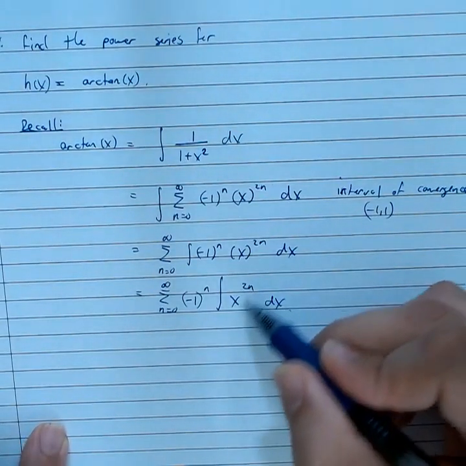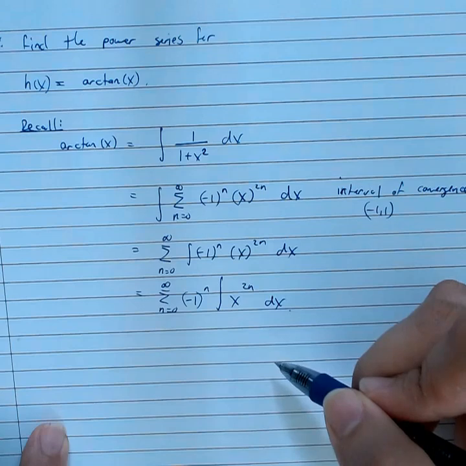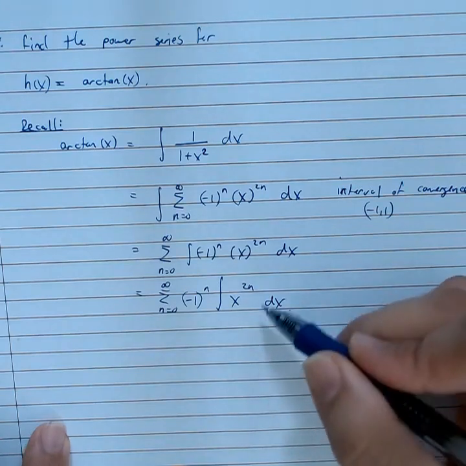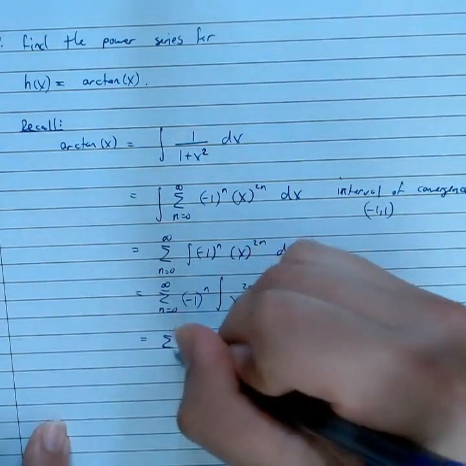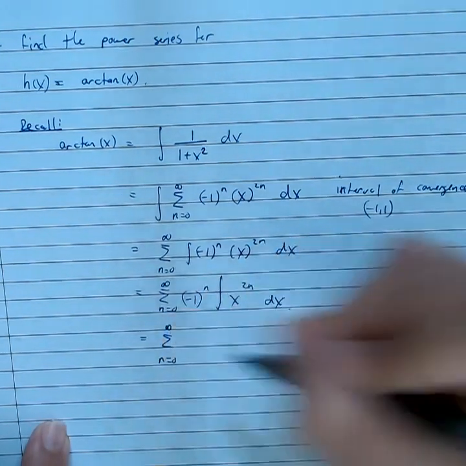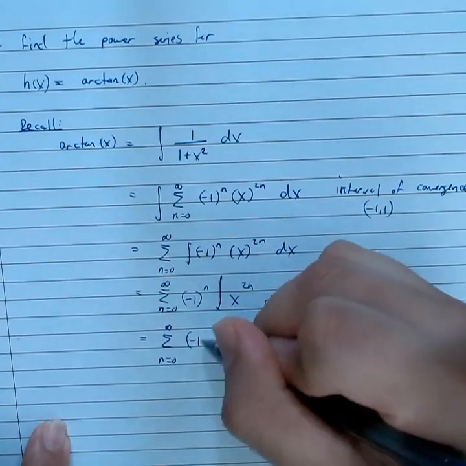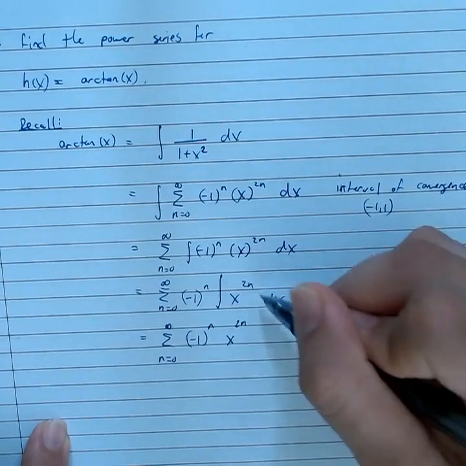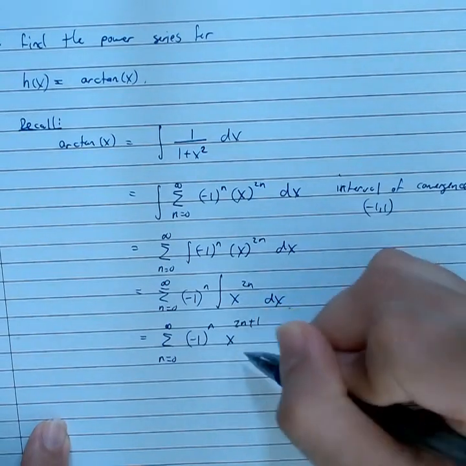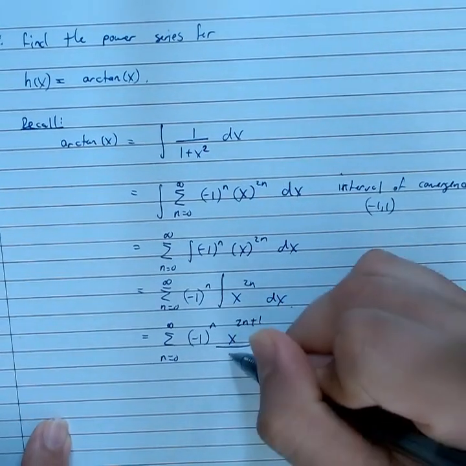But now, that's just a regular old x to a power. And I can take an integral by adding 1 to that power and then dividing by the new power. So this will give me the sum as n goes from 0 to infinity of -1 to the power n times x to the power 2n. We're adding 1 to that power, so that's now 2n plus 1. And then we're dividing by that new power.